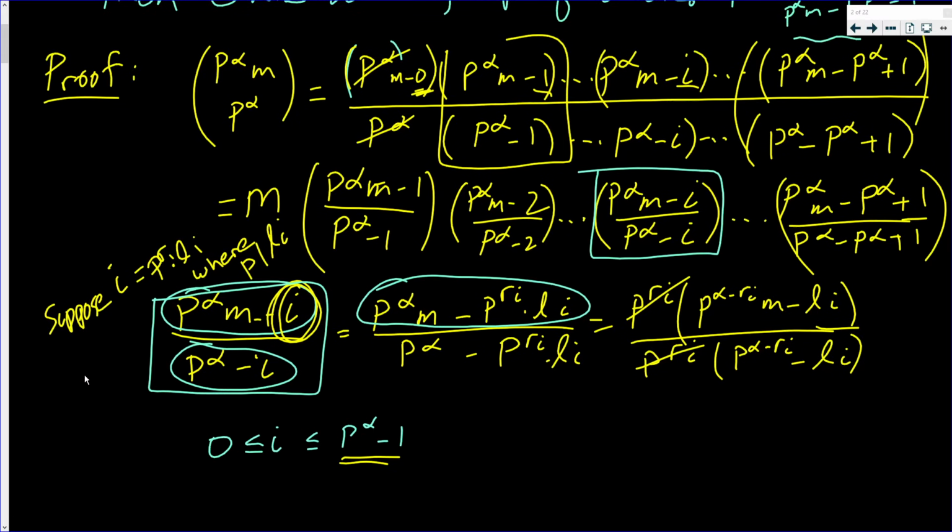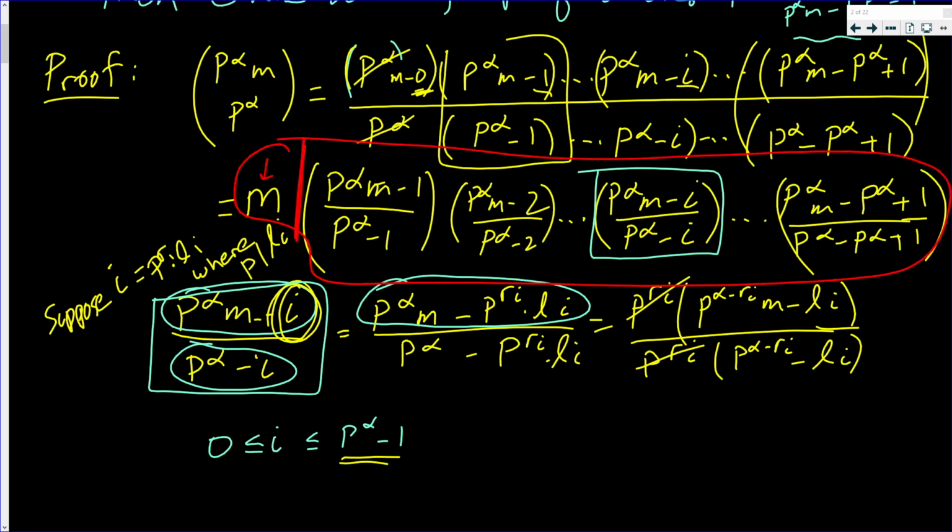Looking at everything to the right of the m, there are no factors of p. So the only factors of p this will have is the number of factors of p in m.